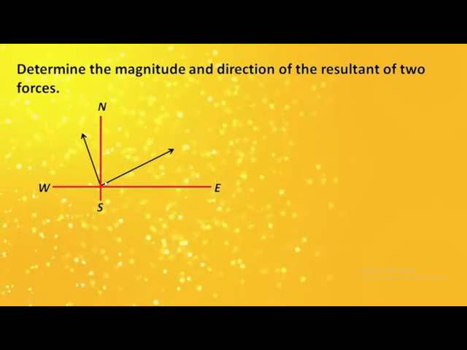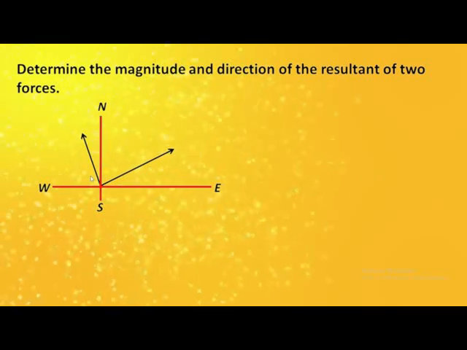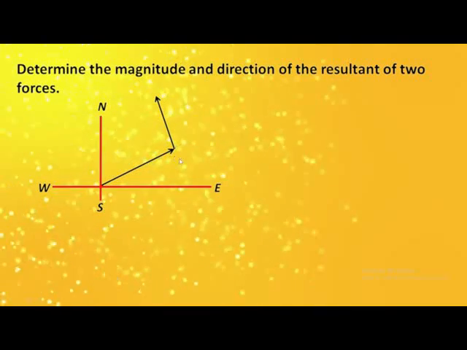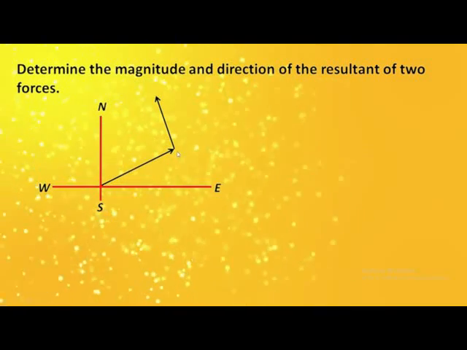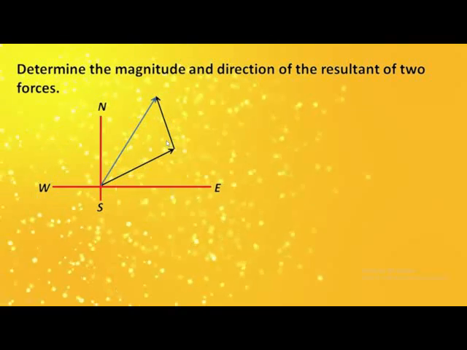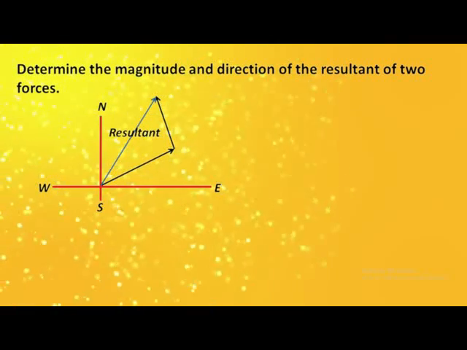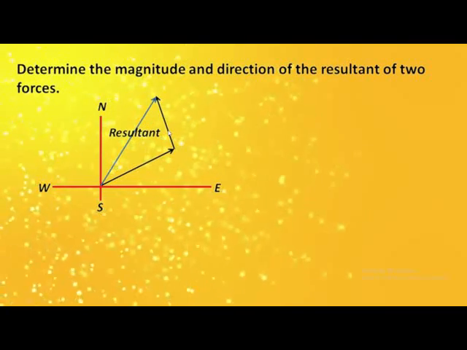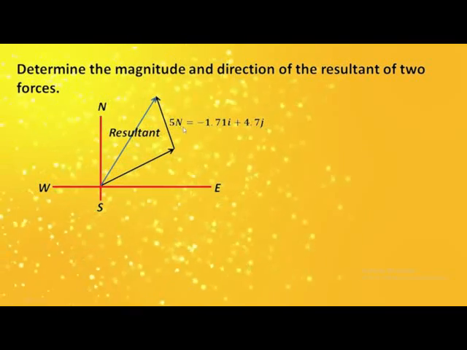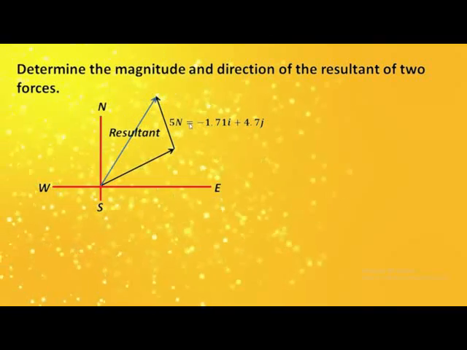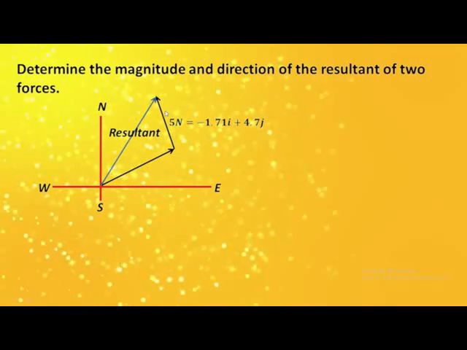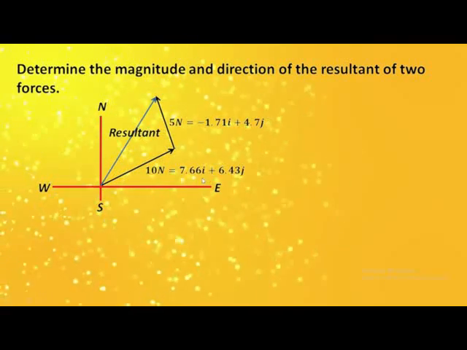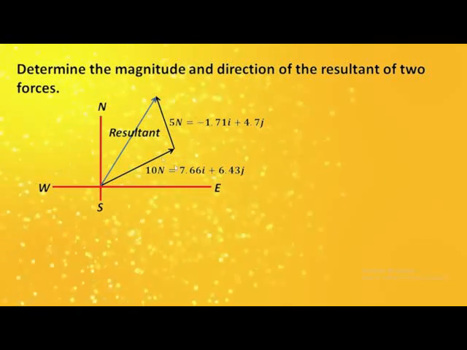So we move this vector here, so the nose meets the tail. This is the resultant vector of these two vectors. This is the 5 Newton force, and this is the 10 Newton force, with the components that we have found.